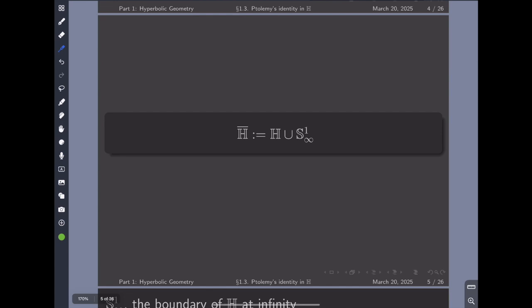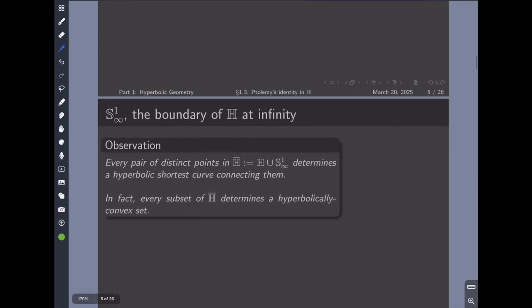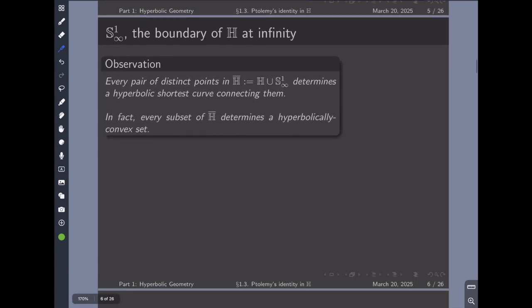And so we are going to begin moving towards Ptolemy's identity in the hyperbolic plane. First of all, at least in the upper half plane model and in the Poincaré disk, it is clear that there is a boundary at infinity.